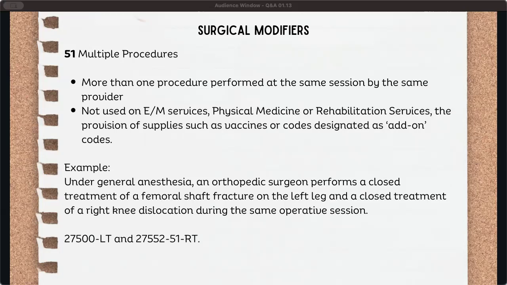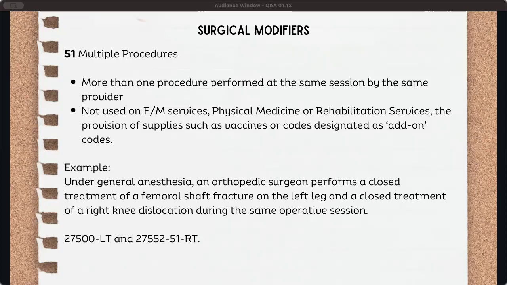Modifier 51, this is going to be used when multiple procedures are performed during the same session by the same provider. So your primary procedure is going to be the one with the highest relative value unit, or RVU, and it's going to be reported first, with your additional procedure or procedures identified with a modifier 51.